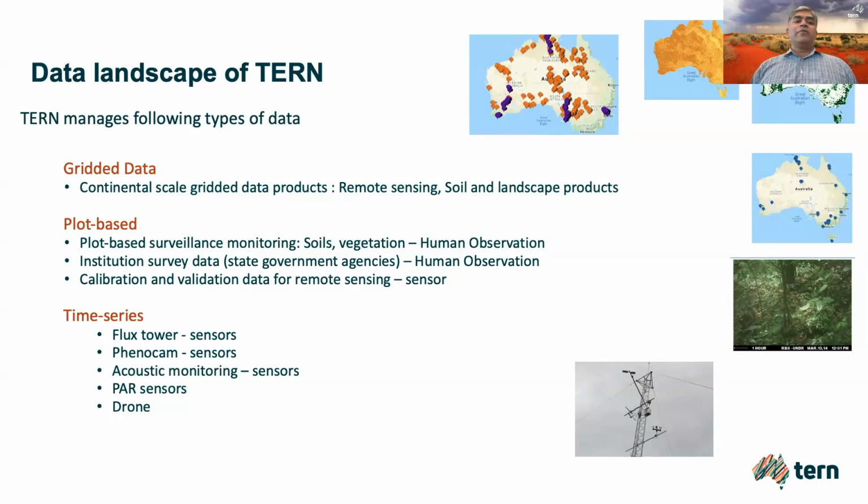There is the phenocam, which is a camera with image sensors, and the flux towers are micrometeorological data sets, with around 14 sensors deployed in each of those towers. And now we have a drone as well. With the drone, we provide multispectral imagery as well as LiDAR as a product.